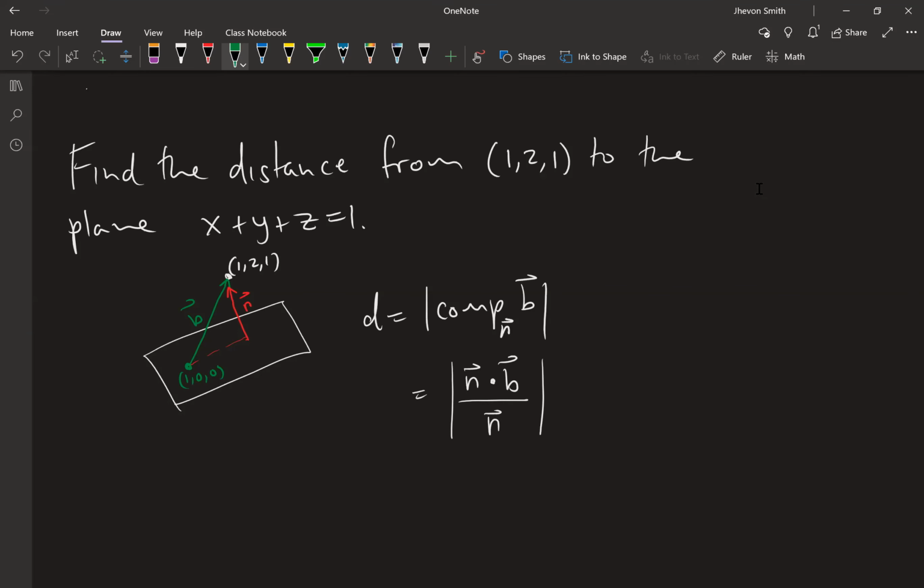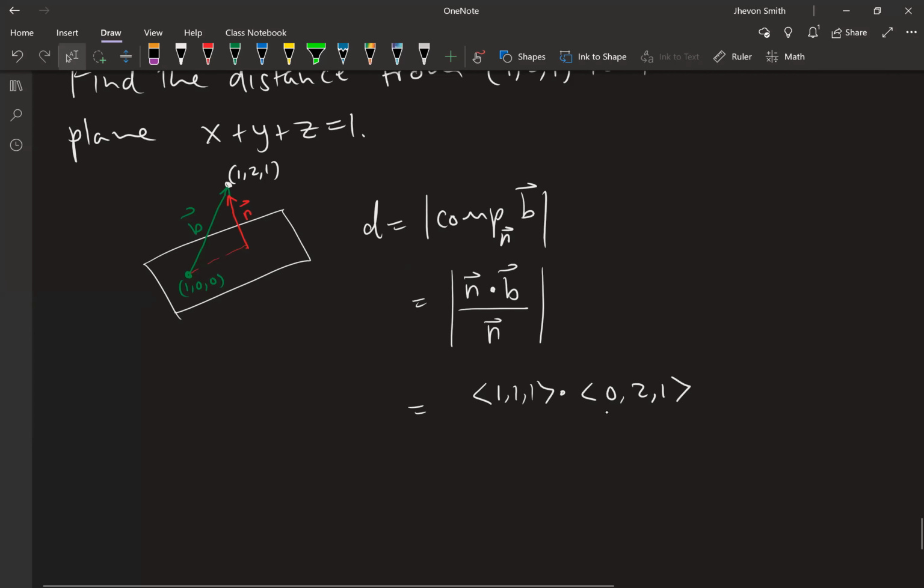And so I can just take that, and then I can find the vector. So the normal vector is 1, 1, 1. B is going to be final minus initial: 1 minus 1, 2 minus 0, 1 minus 0.